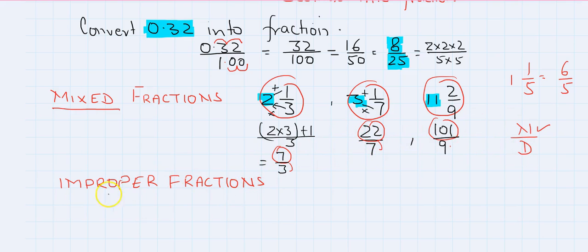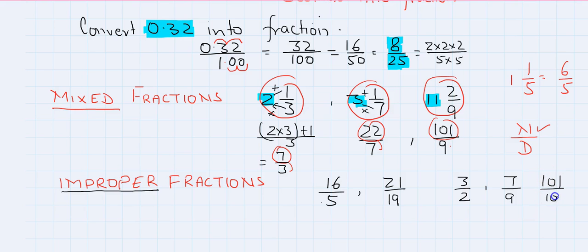So such kind of fractions are called improper fractions. Let me give you an example of an improper fraction, say, 16 over 5. 16 is bigger than 5. 21 over 19. 21 is bigger than 19. 3 over 2. 7 over 9. 101 over 100.